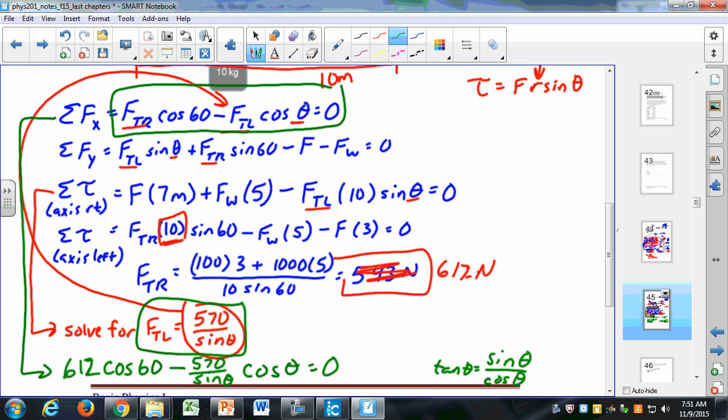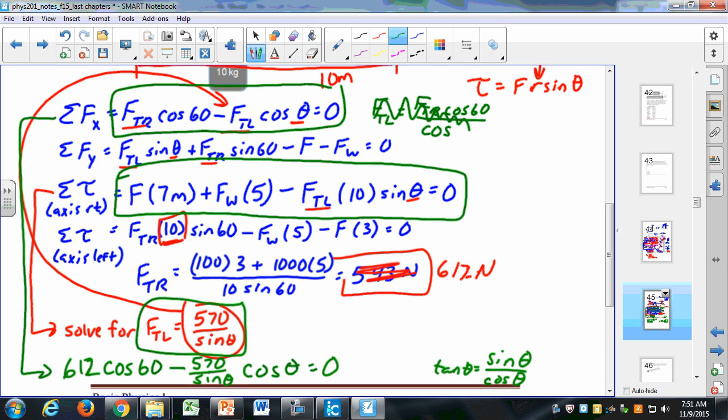So FTL is equal to FTR cosine 60 over cosine theta. Wait, no, I'm sorry. Sorry, folks. I'm actually going from this equation. Well, it should have worked out right.